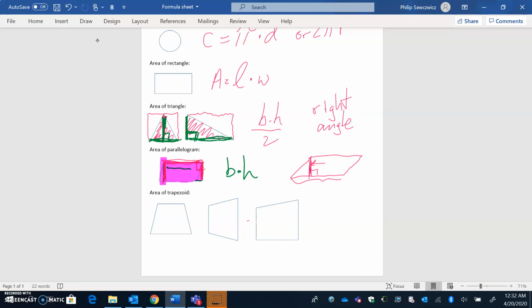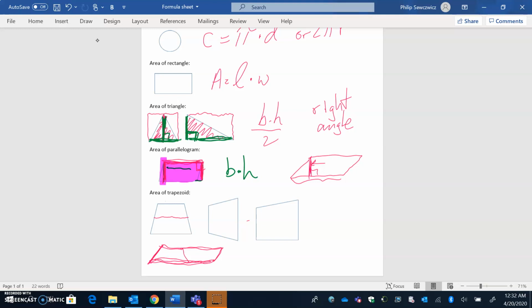What we want you to notice is if you take a trapezoid and cut it in half, and take this piece and flip it here, he actually does this, which you can see is a parallelogram.